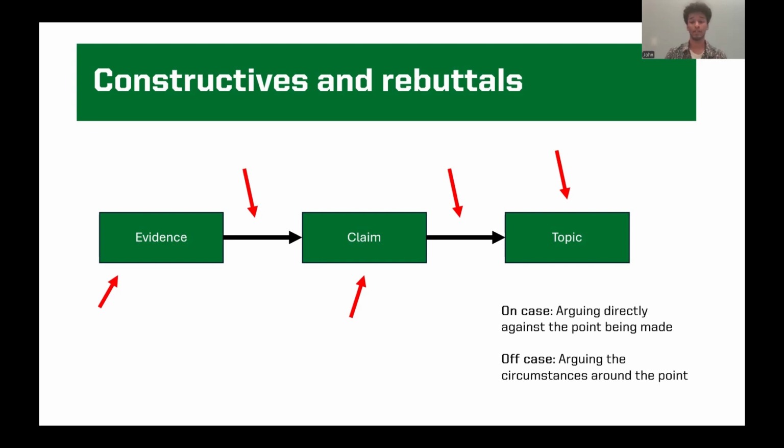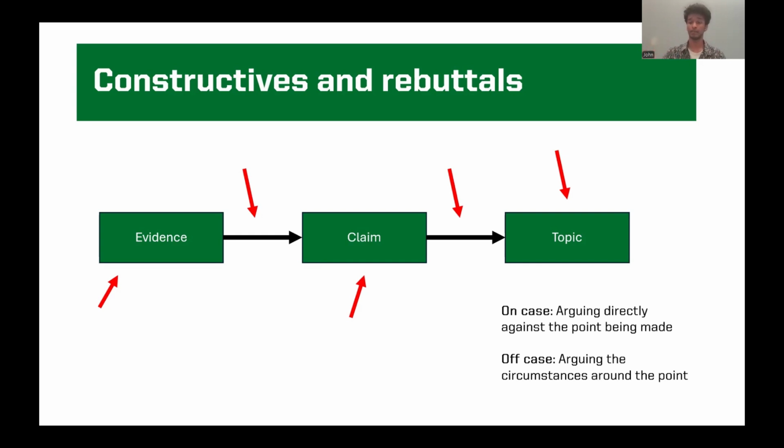If you wanted to attack their claim, an off-case example would be claiming that their claim is inconsistent with messaging from previous claims. For example, if you're in a debate about climate change and you're on the affirmative side, arguing that removing fossil fuel subsidies will benefit climate change and decrease the amount of pollutants.